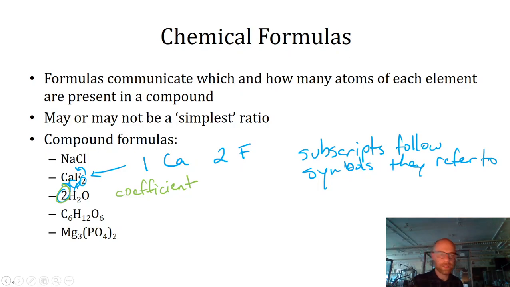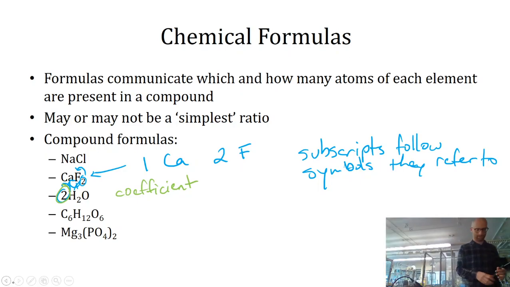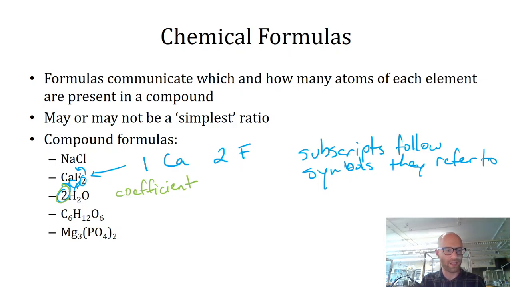I'm going to turn on the light. And coefficients work the same way as subscripts, except coefficients apply to the whole formula. So this 2 applies to the H's and the O's. So this, as it's written, is actually 4 H's and 2 O's.